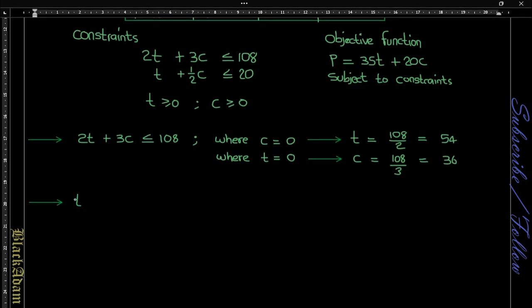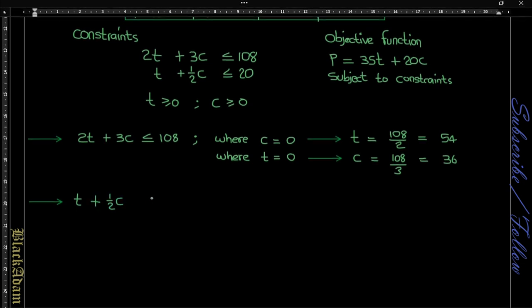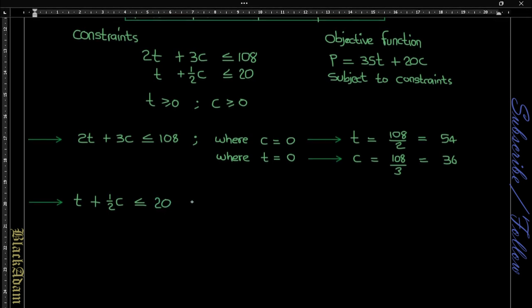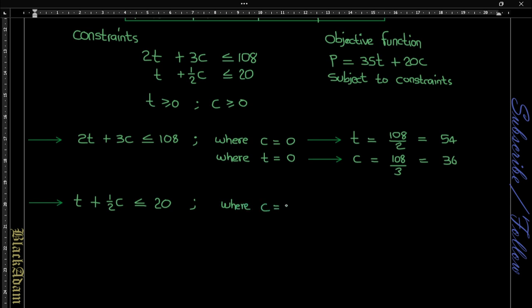And then we have the other situation whereby we have t plus half c less than or equal to 20. So that means where c is 0, t is going to be 20.